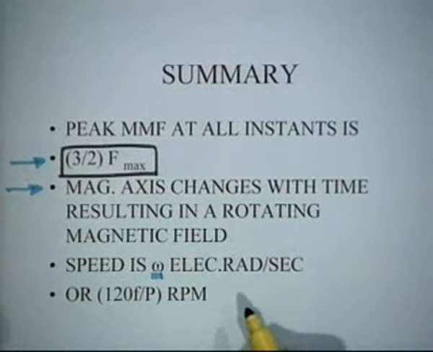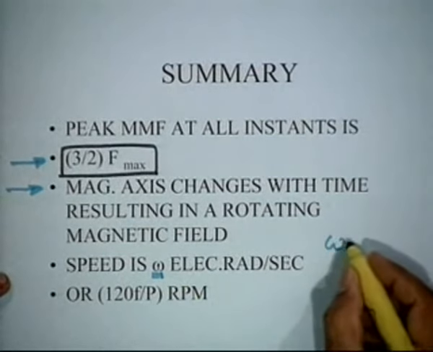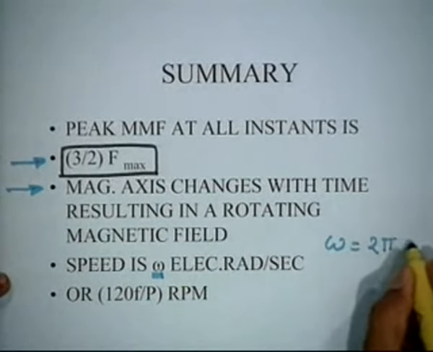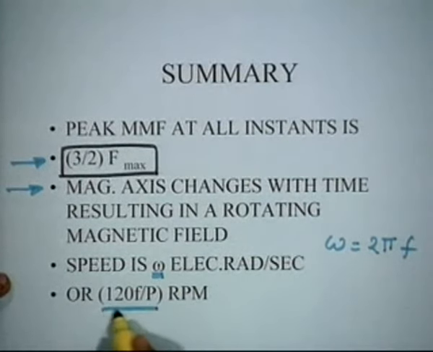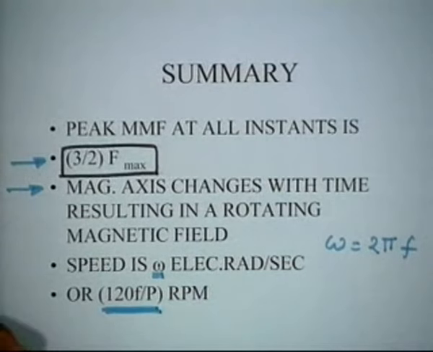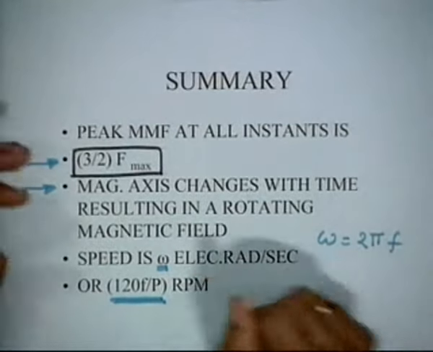It is always omega electrical radians per second. You know omega is 2 pi f. And that will be the same as 120 f by p rpm, right? Okay. So these are the conclusions that you will find.